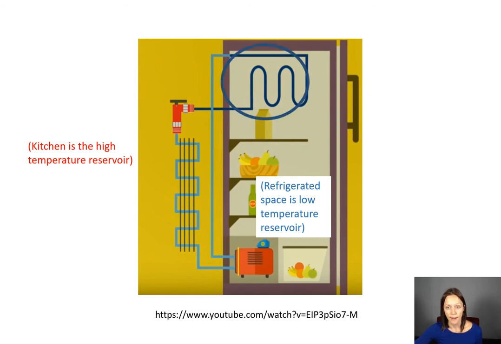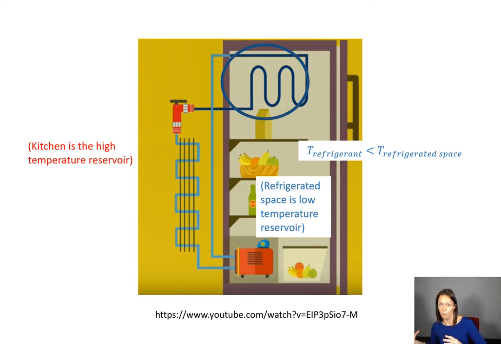It's right there, and as it's flowing through that little section right there, the temperature of your refrigerant is lower than the temperature of your refrigerated space. And because heat always flows from hotter to colder, it's going to flow from the refrigerated space to the refrigerant. So from hotter to colder. Hotter is actually the refrigerated space.